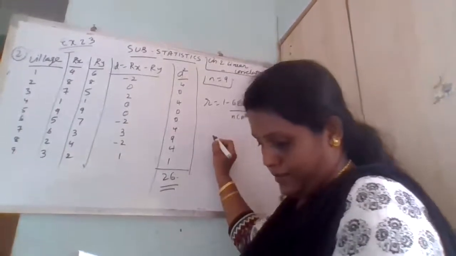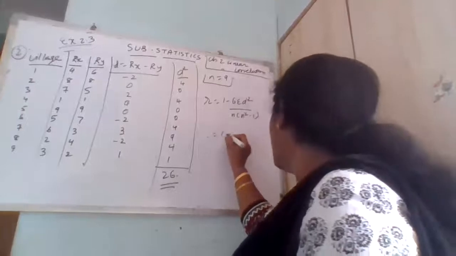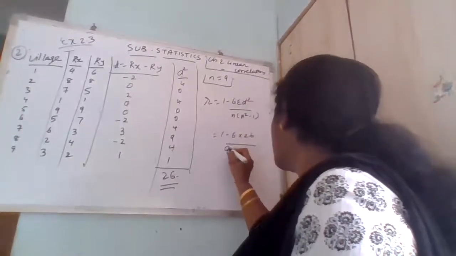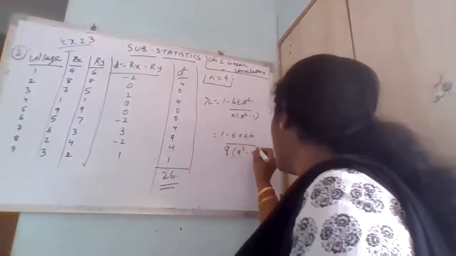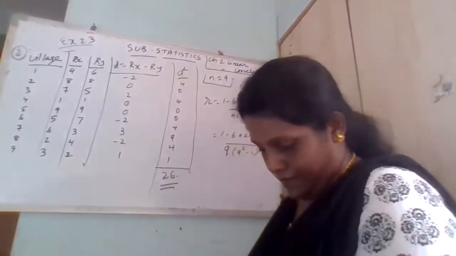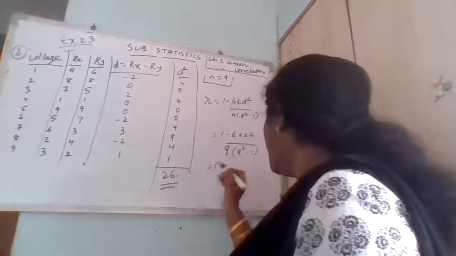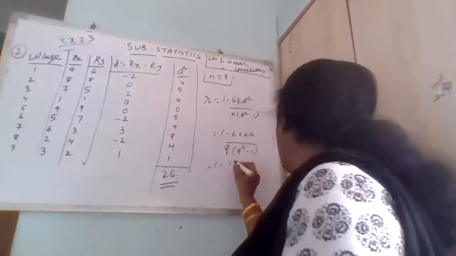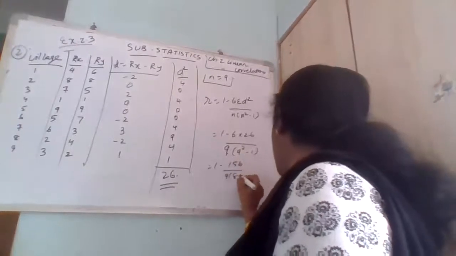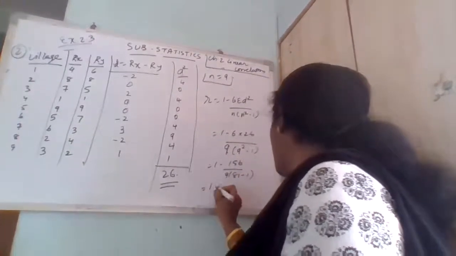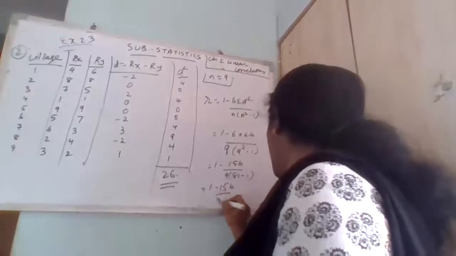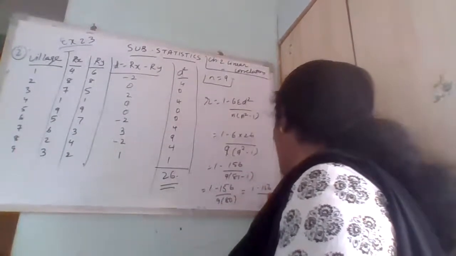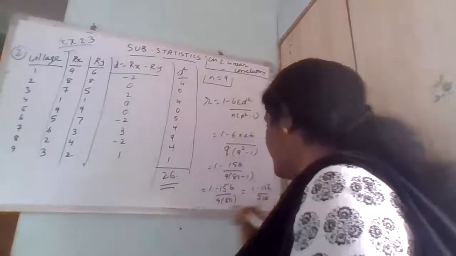Now, 1 minus 6 into 26 upon 9, 9 square minus 1. 6 into 26 is 156, 156 upon 9 into 81 minus 1, that is 720.